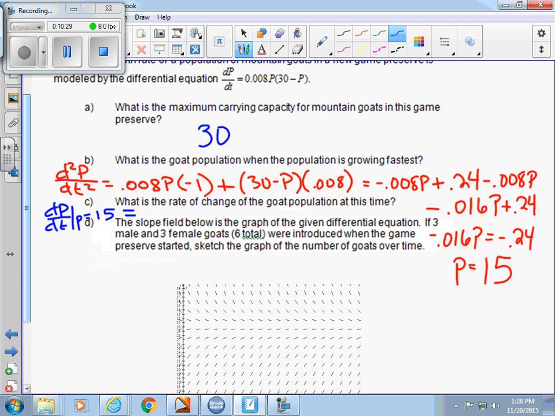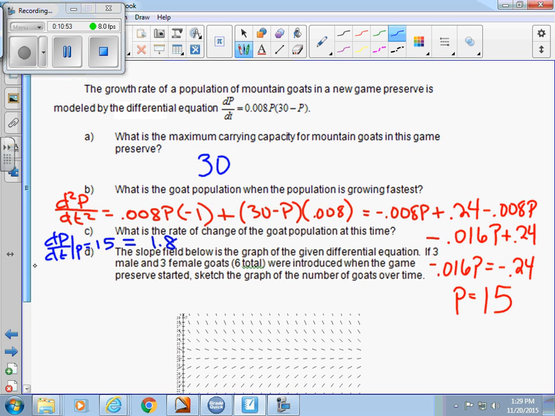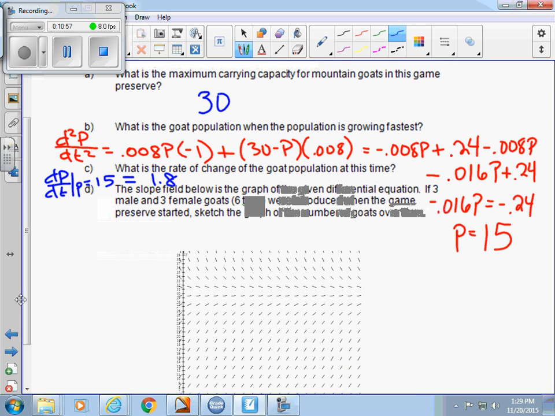Well, what do I put in? 2 times 15, so that's 30 times positive 0.08. 1.8. And what would my units be? Goats per time. I don't know, it didn't tell us what time was, maybe days.